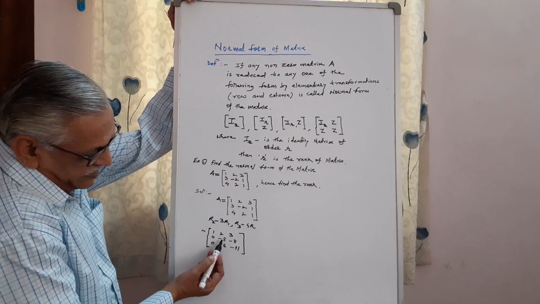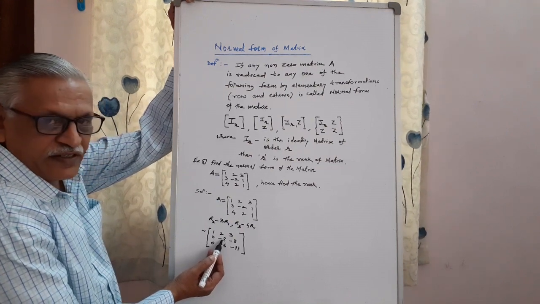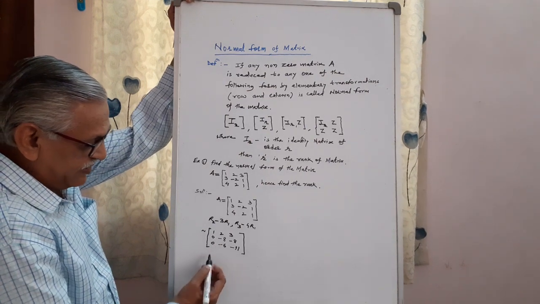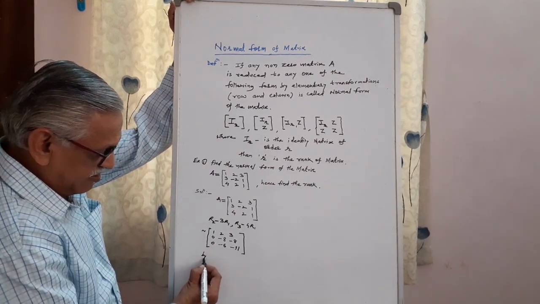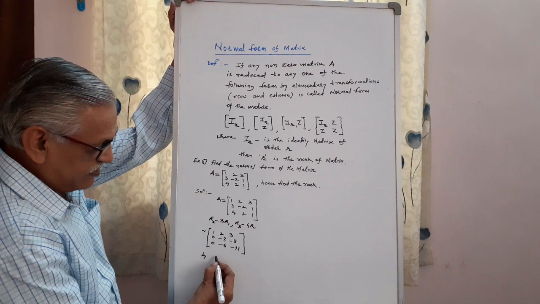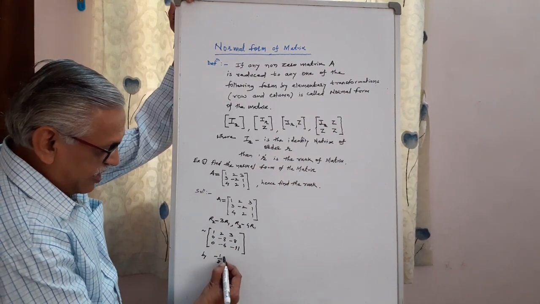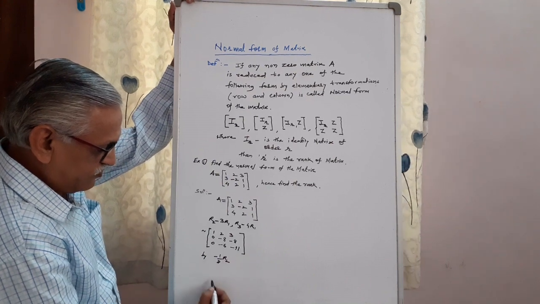Then the second diagonal element, minus 8, make it 1 by applying the transformation minus 1 by 8 times R2.